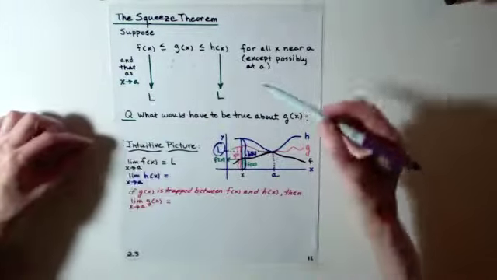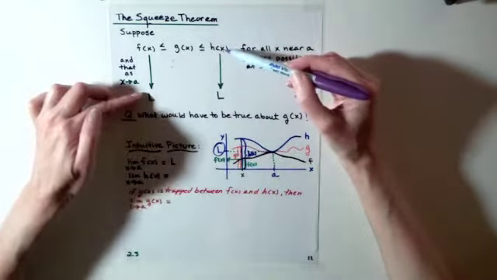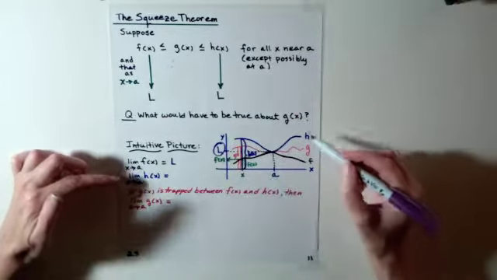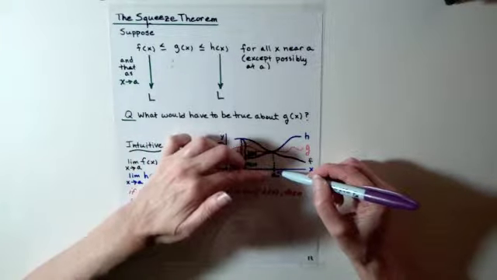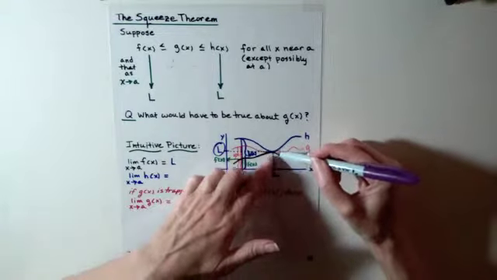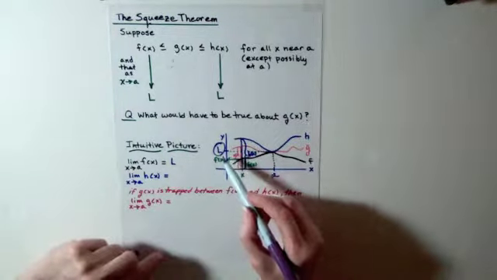In a similar way, let's also assume that as x gets close to a, h of x is approaching L. In our picture here, we're really saying that as we get closer and closer to a from both the left and the right on the blue graph of h, the outputs, you can see, are again getting closer and closer to the single number L on the y-axis.